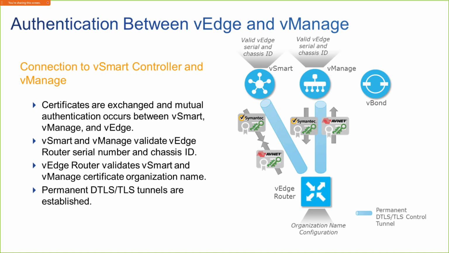And then we use the certificates on the vSmart and vManage devices to verify those devices to the vEdge device. We always maintain a permanent DTLS tunnel and TLS tunnel between the vSmart devices, the vManage devices, and the vEdge devices. All right, that's always done.